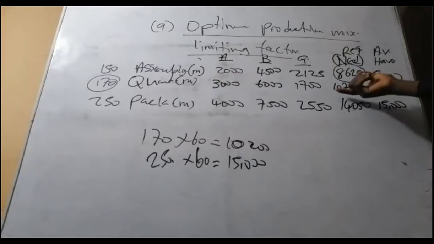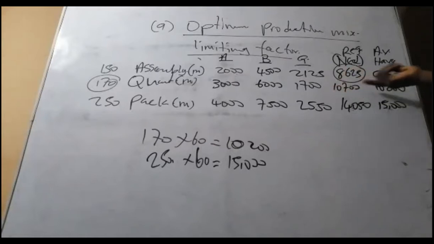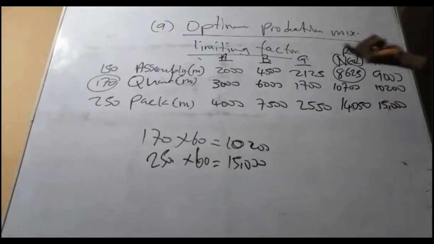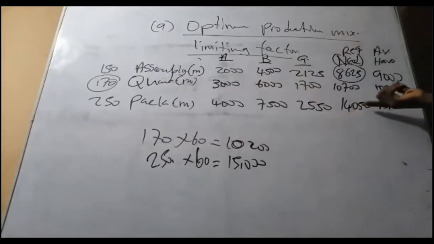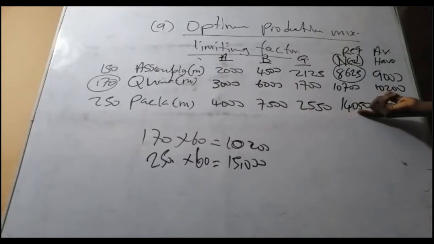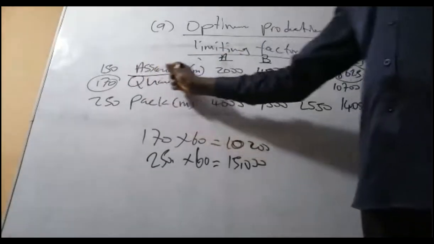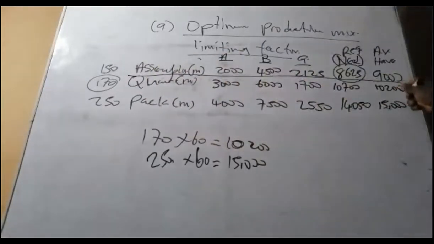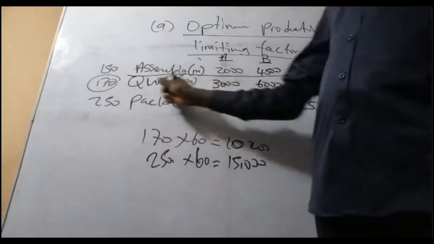When we take quality control, we need 10,700 minutes, but we have 10,200. So it's a limiting factor. But let's go again. For packaging, you need 14,050, but you have 15,000, so you have more.